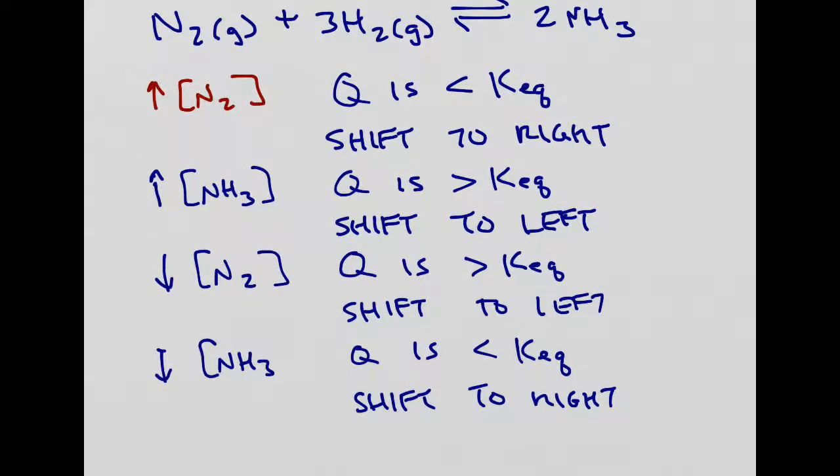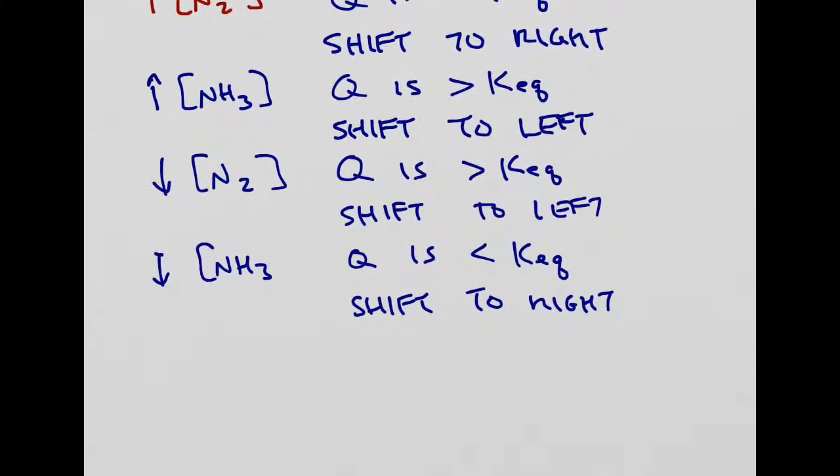What if we instead have a change in temperature? I'm going to go to a new thing for this one. And if we're going to do change in temperature, let's go back to our old friend, the smog making. So there's our reaction, and I'm going to add one more thing to this, which is that this is an exothermic reaction.